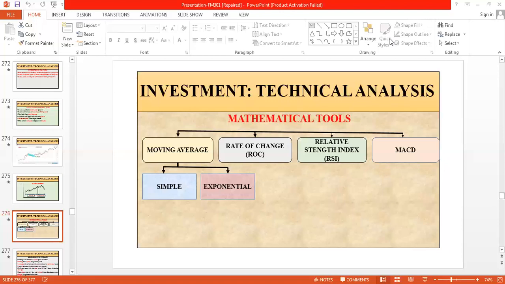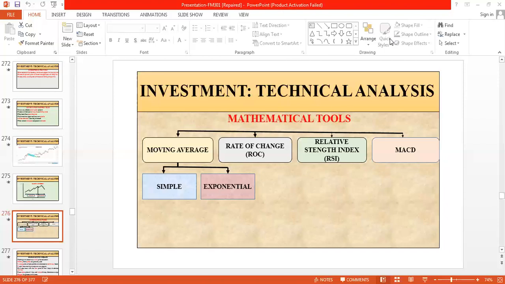So let us see what techniques are mathematically available in technical analysis. Basically, we have shown in this particular slide that four techniques are available. They are moving average, rate of change, popularly known as ROC, relative strength index, popularly known as RSI, and MACD.